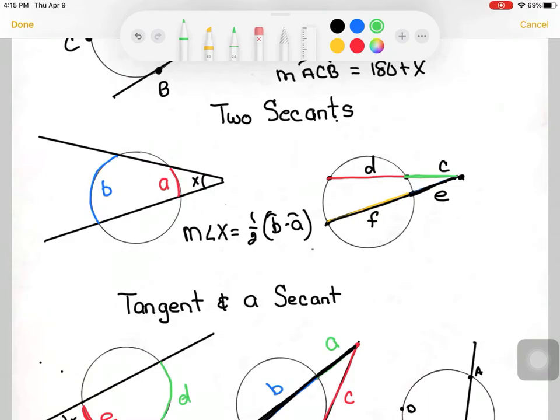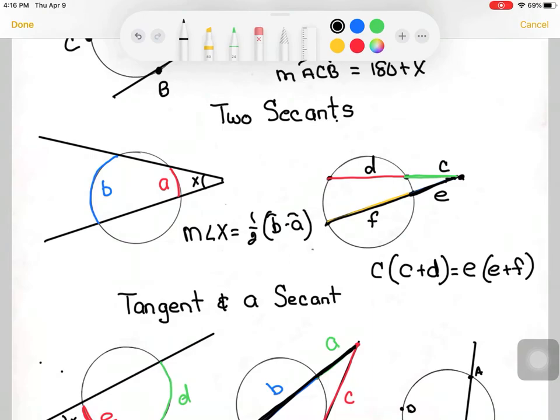So one of the relationships that look at the lengths of the segments: if I take segment C, which is in green, and I multiply that by the entire segment, which is C plus D, what I will notice is it's the same as taking segment E and multiplying it by E plus F. It doesn't necessarily have to be the shorter segment.